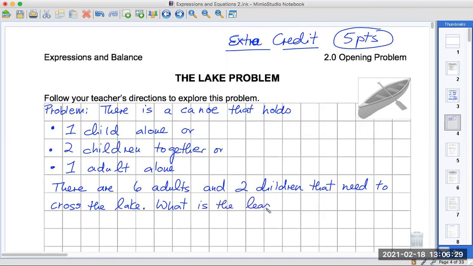The least. Remember, the word least means minimum number of trips needed. Question mark, okay? And here's another thing. Everyone can paddle. And it's the only way to cross the lake. You can't go around it.